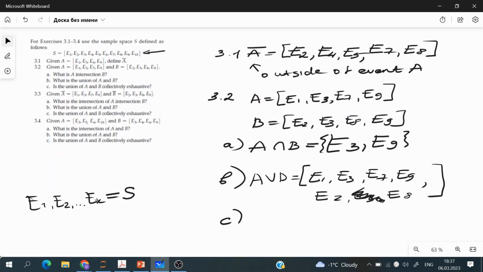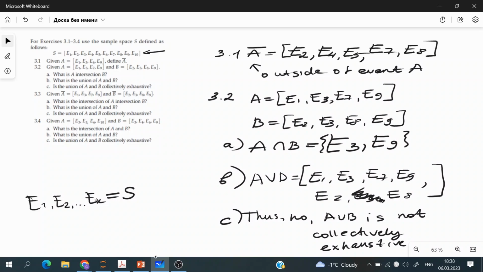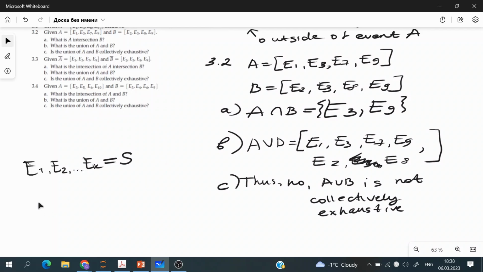However, in our sample space, we see the elements which are not in the union. Therefore, we say thus, no, the union of A and B is not collectively exhaustive.